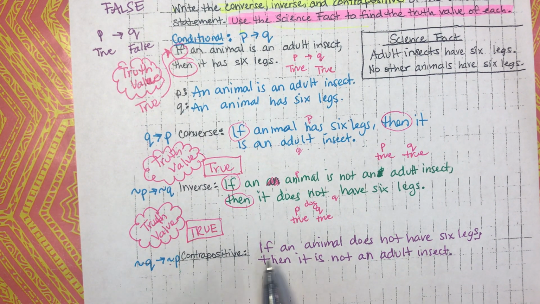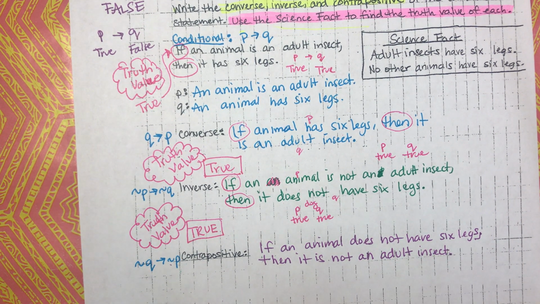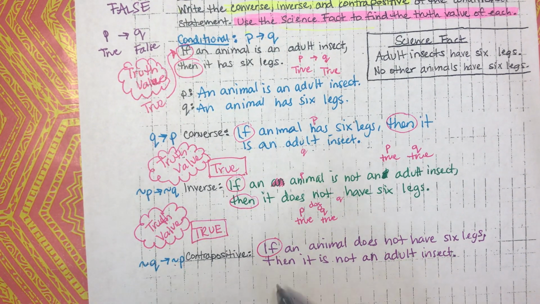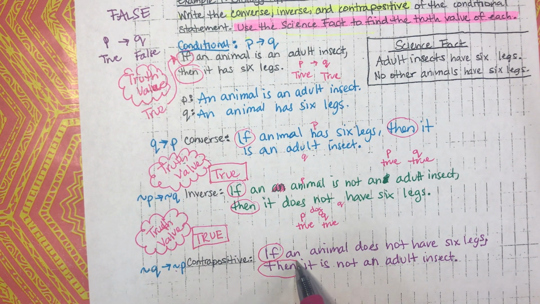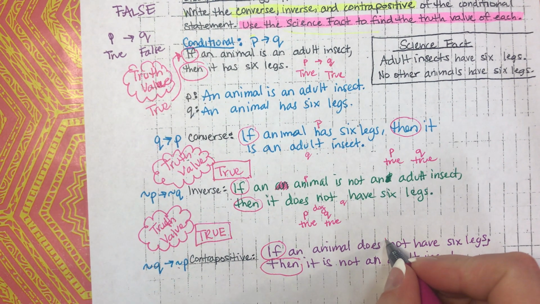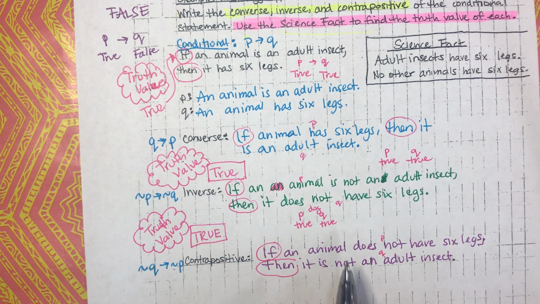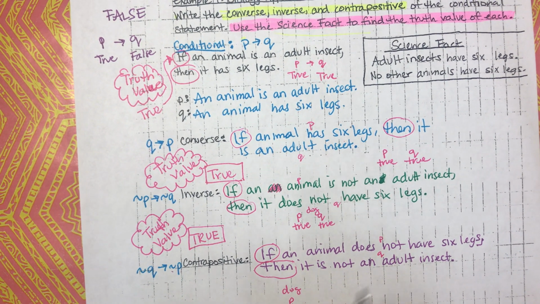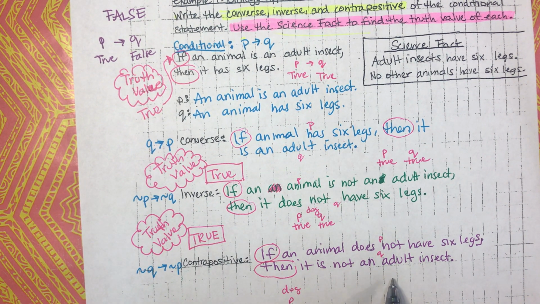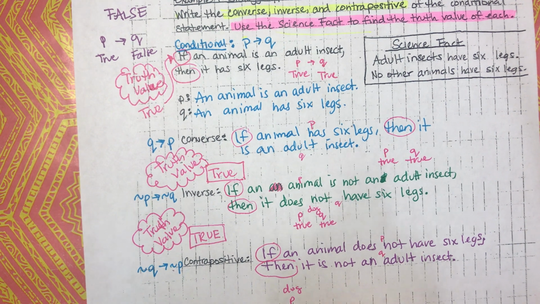So let's look at the contrapositive. If an animal does not have 6 legs, okay, remember we are looking at this just like a regular conditional, even though we know it's a contrapositive. So this would be our P and this is our Q. If an animal does not have 6 legs, okay, so it's a dog. A dog doesn't have 6 legs, then the animal is not an adult insect. Well, yeah, this is true.